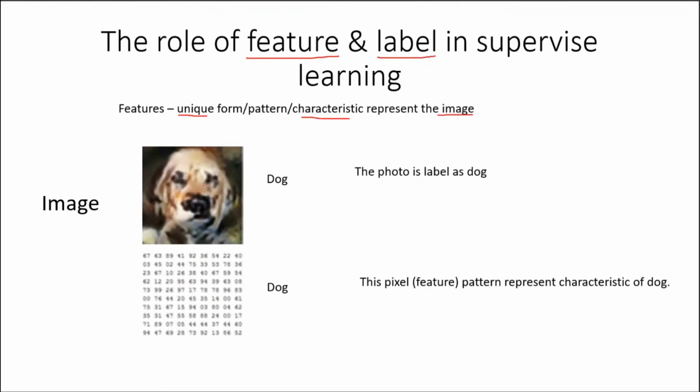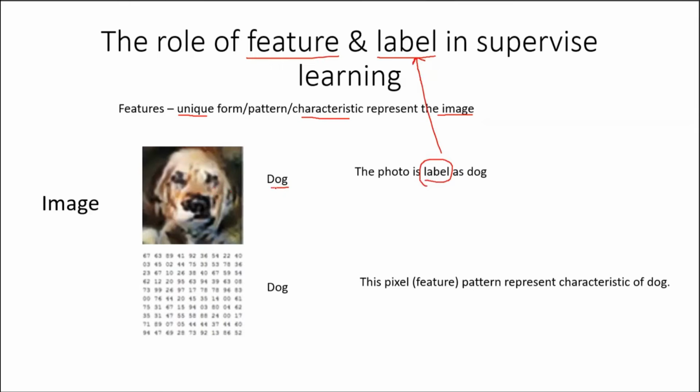So in this case, if we have this image of a dog, dog becomes the label. Okay, it's a label. You label this picture as a dog. It's just a keyword, or you can call it a tag.